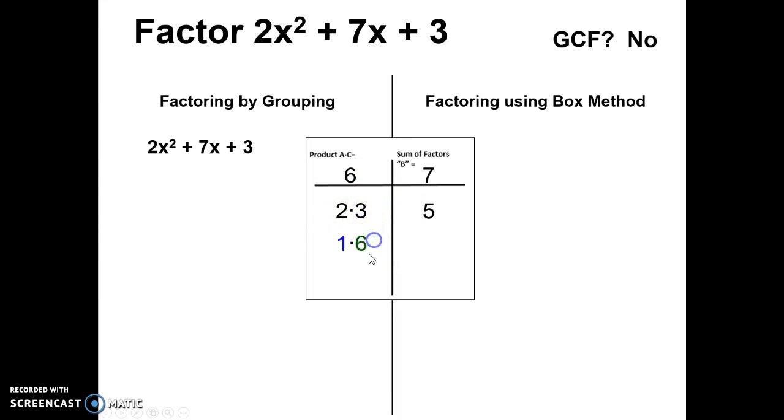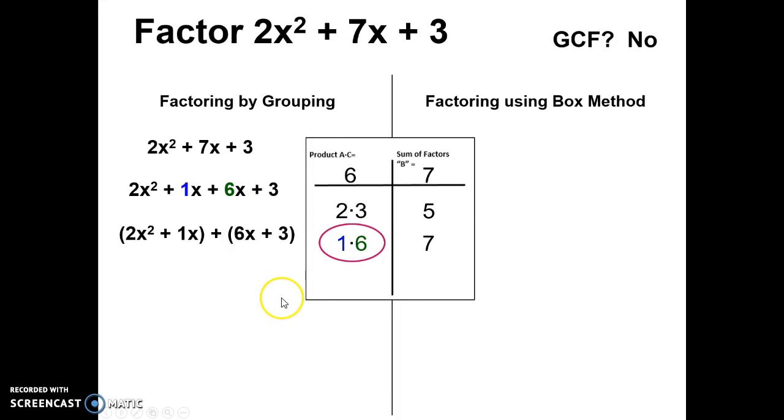These add up to 5. So it's going to be 1 times 6, which is 6. 1 plus 6 is 7. There are the two numbers I'm going to use. I'm going to replace my 7x with 1x plus 6x. I'm going to factor by grouping over here. I'm going to take a GCF out of both groups. My goal is to create a common binomial factor.